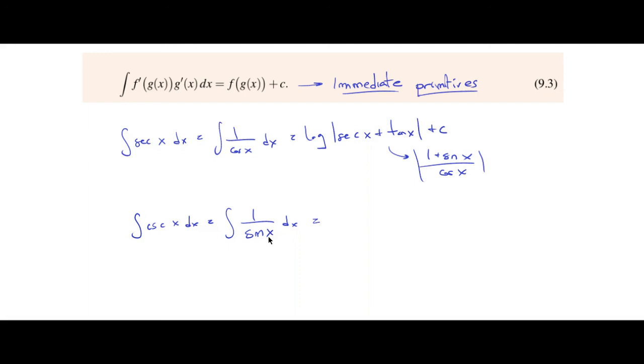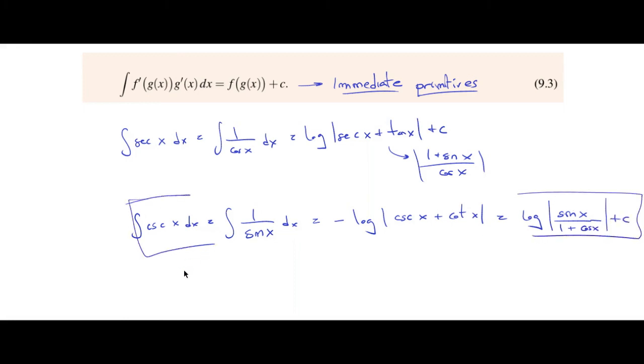I leave it to you to try it at home to prove that the primitive of this is equal to the logarithm of the cosecant plus the cotangent. Or in other words, you can write it as the logarithm of the sine divided by 1 plus the cosine, plus c.